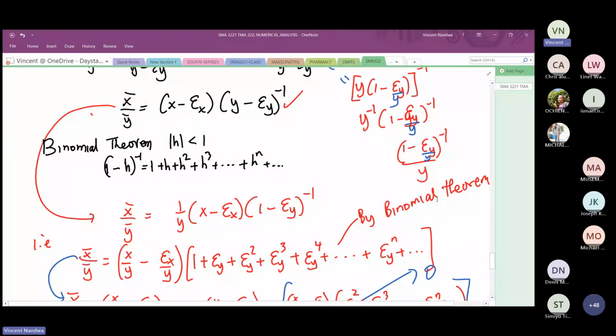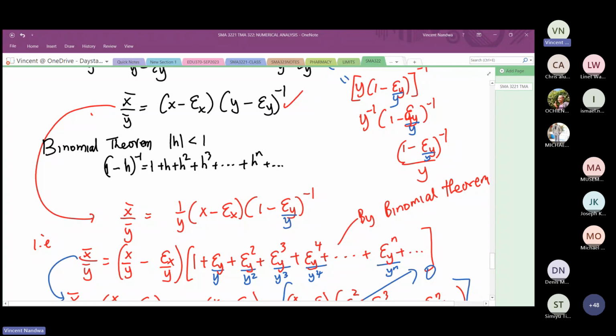So which means then there's a y here. So this is over y squared, y power 3, y power 4, divided by y power n.